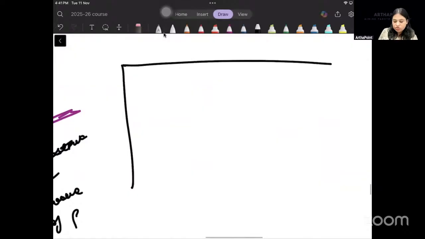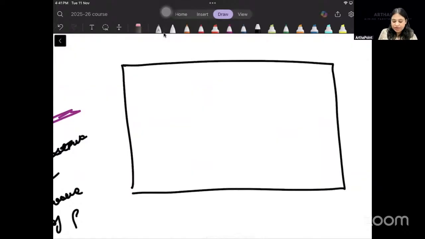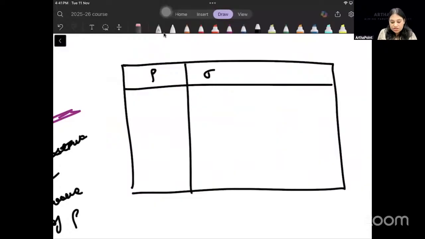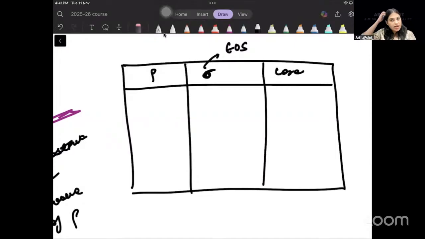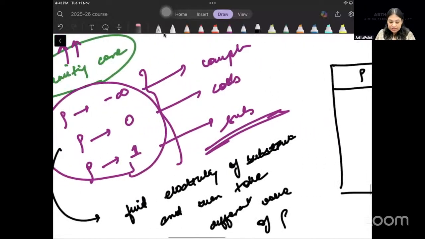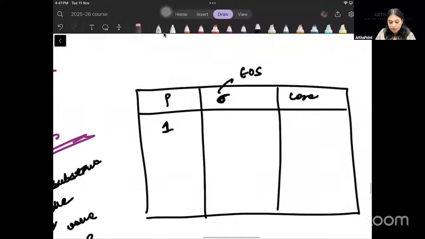There is a table where we prepared, for different values of rho, what is the value of sigma, meaning elasticity of substitution, and which limiting case that is. So you should know all three things together, huh? For example, for one, let me tell you. When rho is 1, we know that it is a substitute good.